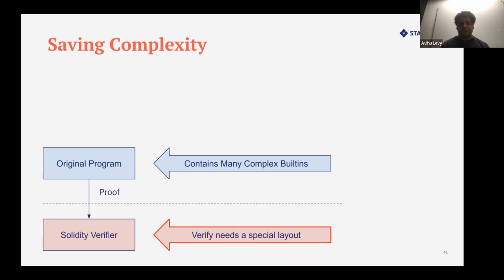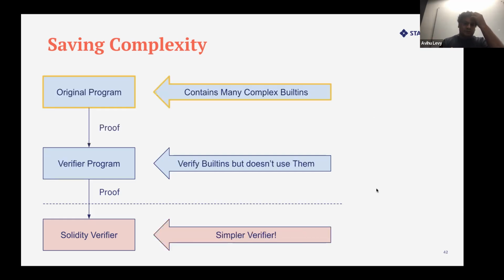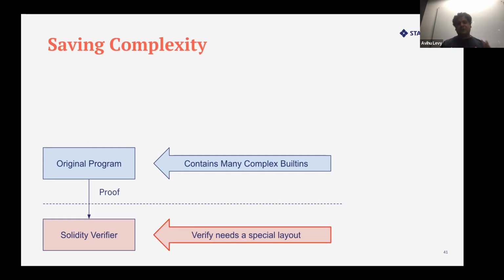At least when it comes to STARKs, the verifier should be aware of the new AIR that was added, and that means that it will require a special layout. And in turn, that means more layouts, but it also means that the Solidity verifier becomes more complex. And more complex means more gas, and more gas is not something that we want. So if we just operated in this model, the more built-ins we add, the more complexity we add to the Solidity verifier, and we don't want that.